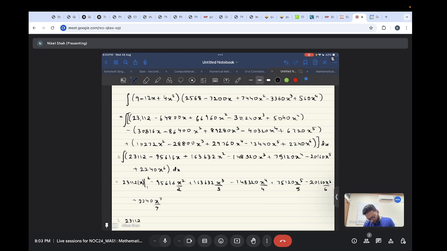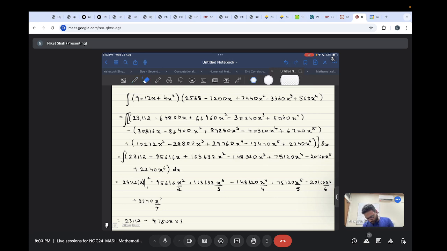2 minus 1 is 1, minus 95616 by 2. So I'll have to perform the divisions again. 95616 divided by 2 is 47808. 47808 into x squared; when I put the limits 1 to 2, there is 2 square minus 1 square, which is 4 minus 1, which is 3.